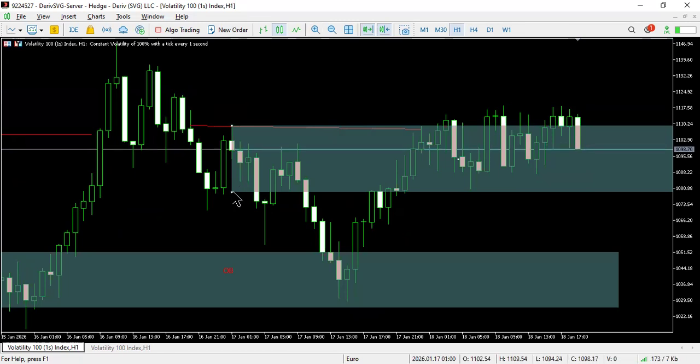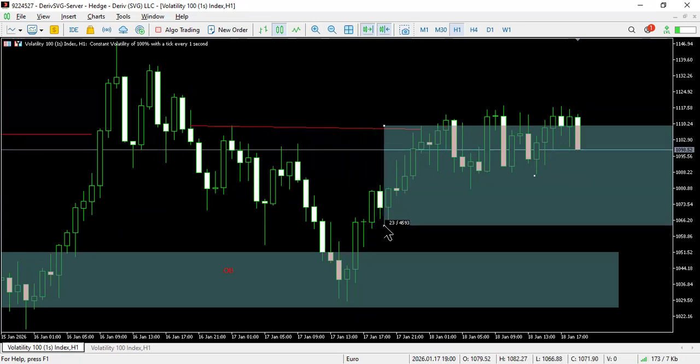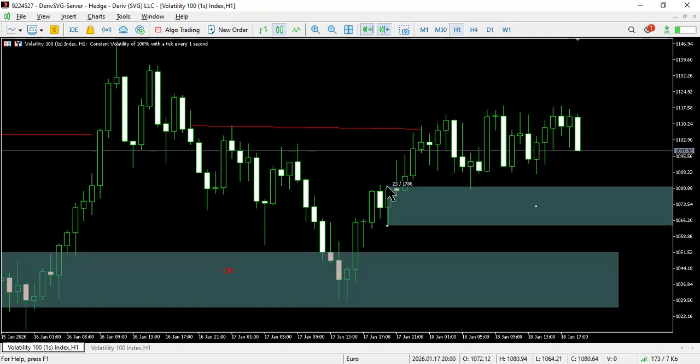So right now, this is the order block from the 1 hour time frame. This is the order block, and this is the break of structure.